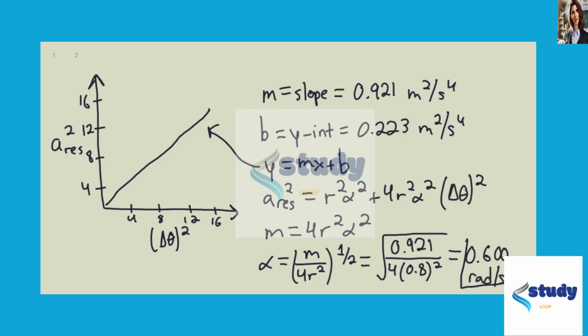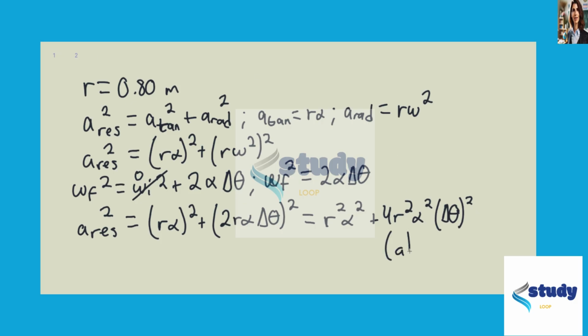So this would be our angular acceleration. This would be our answer for part B, essentially. And at this point, we can say that if this is our answer for part B, part A would essentially be this graph and this relationship here.